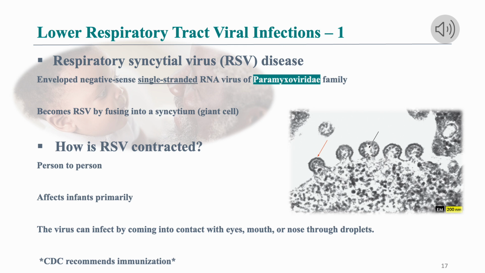The CDC recommends immunization. RSV is the most common cause of bronchiolitis, which is the inflammation of the bronchioles, and it also is the most common cause of pneumonia among infants and children younger than 1 year.